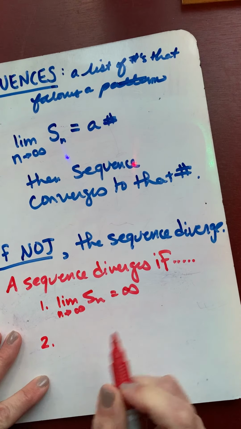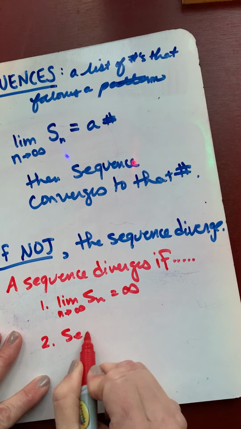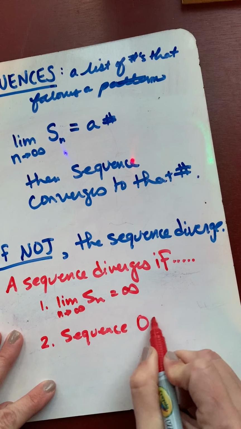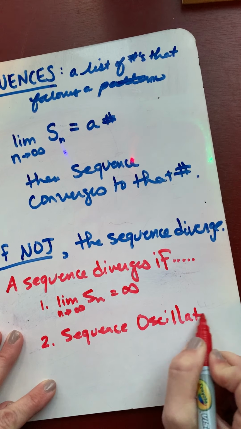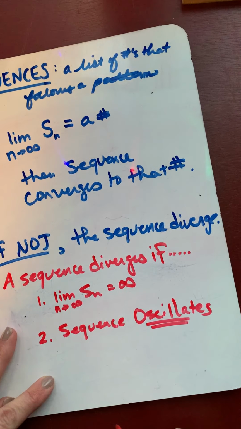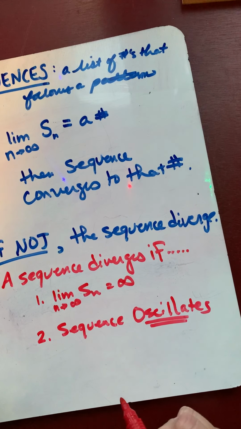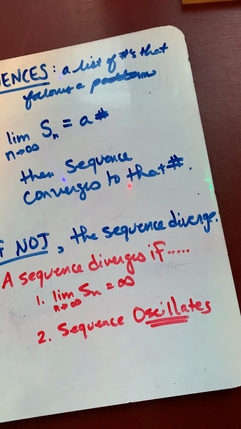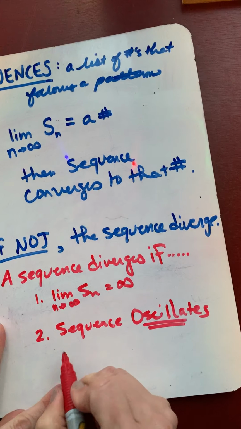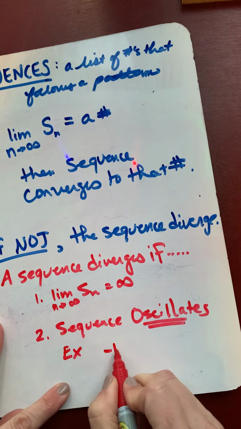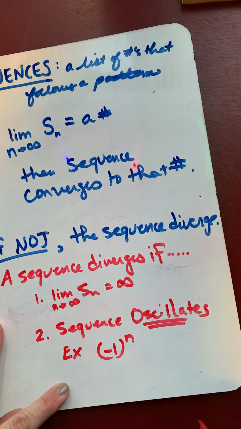Or if the sequence oscillates. Okay, so what do I mean by oscillates? I mean by that goes positive, negative, positive, negative, positive, negative, and does not converge upon a number. So let me show you an example of that. An example would be -1 to the n.